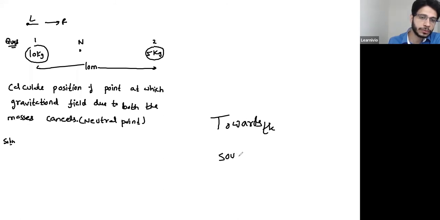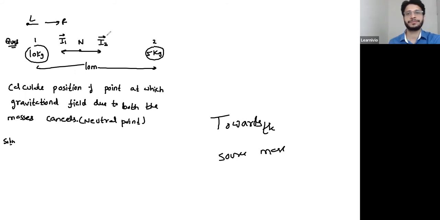Towards left. The direction of field is always towards the source mass. So if you are calculating the field at N due to mass 1, then this is the direction of field. Similarly, due to this 5 kg mass, the direction of field is towards the 5 kg mass.